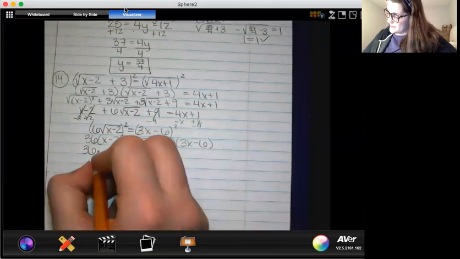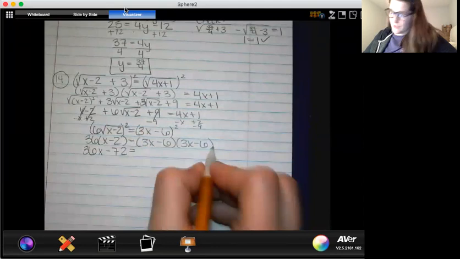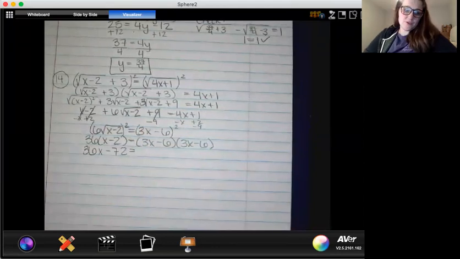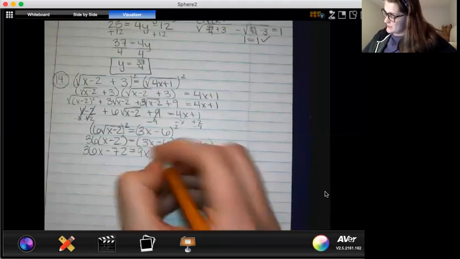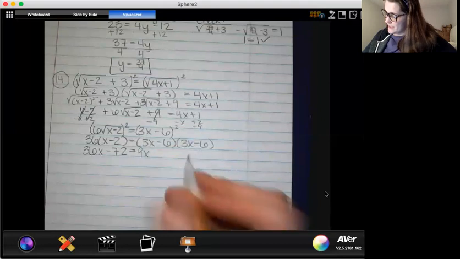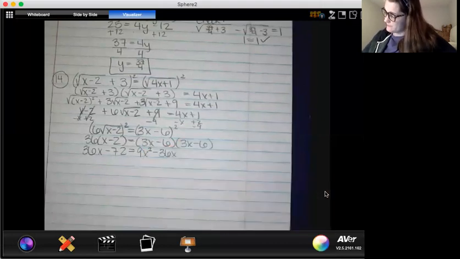Distribute the 36 here. FOIL over here, and I'm going to go ahead and just FOIL and combine like terms at the same time. So I'm going to get 9x squared, and I'm going to get negative 18x twice, so negative 36x.